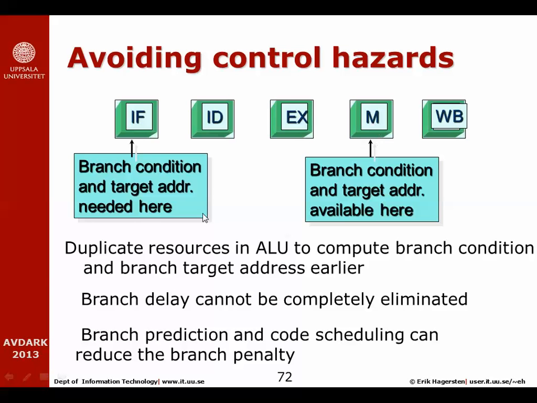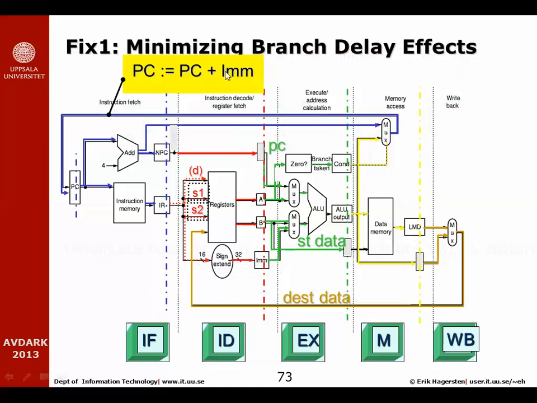So what you can do here would be to duplicate some ALU. Instead of having the ALU do all this double work on both branches and loads and stores and ALU instructions, we could dedicate some hardware and move it early on in the pipeline stage. So here's the problem, right?